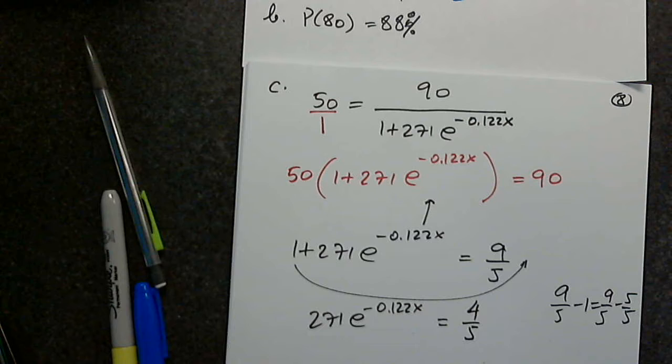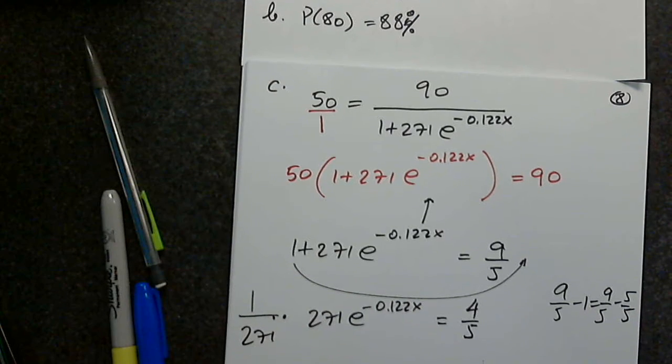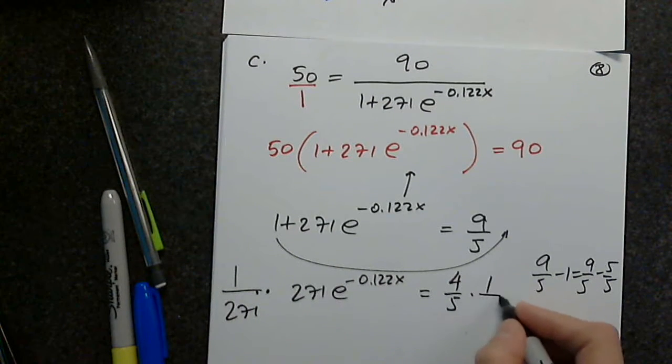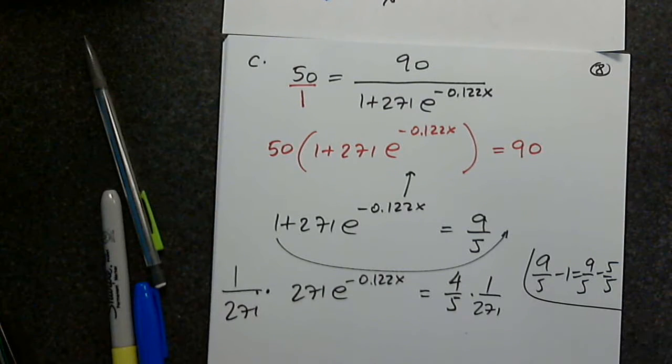What do I need to get rid of now, before I apply natural log? Exactly. I have to multiply both sides by 1 over 271. e to negative 0.122x equals 4 over 1355.